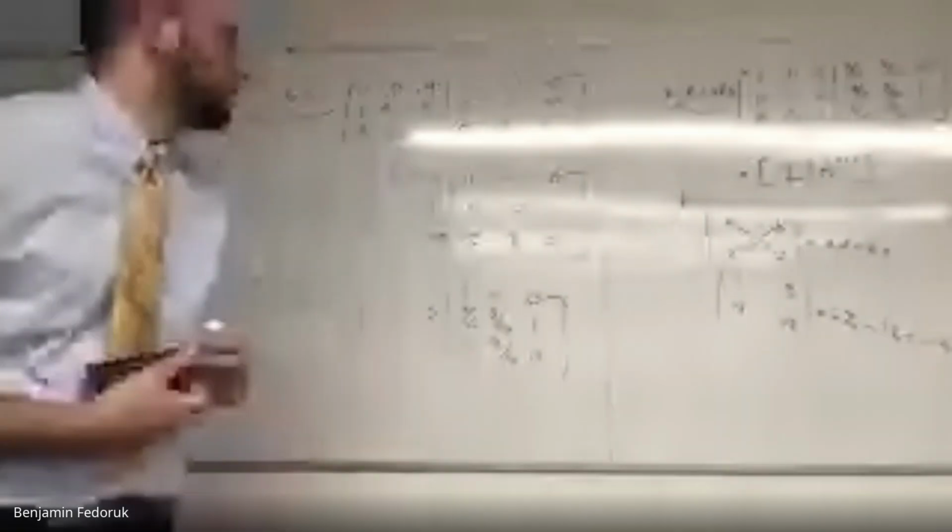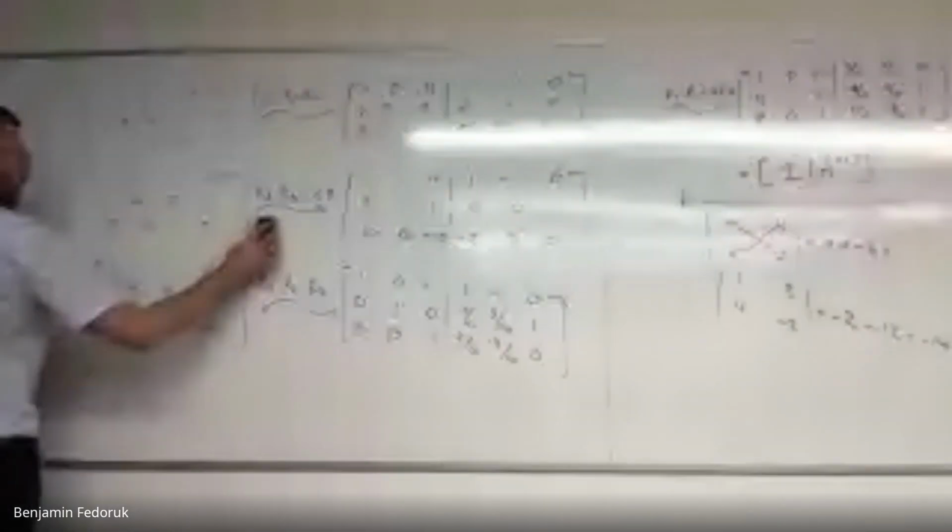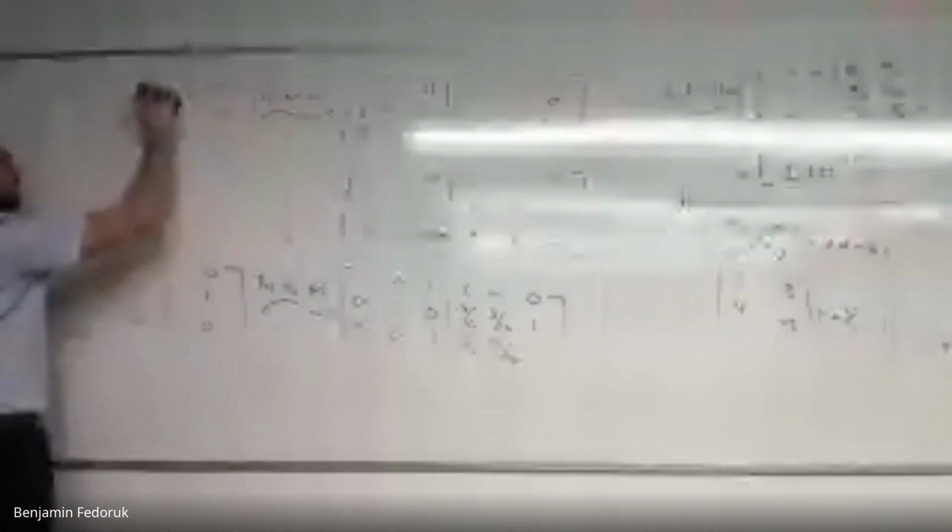Let's talk about 3x3. Let's say I want to find the determinant of the matrix that we started with earlier. There's a bunch of ways to do it. This only works for 3x3.